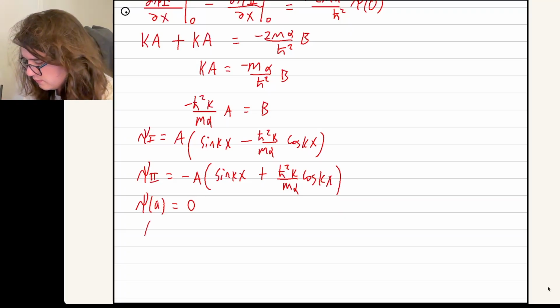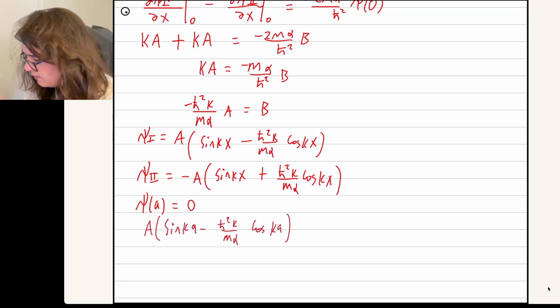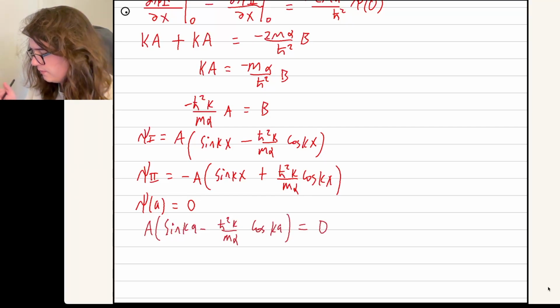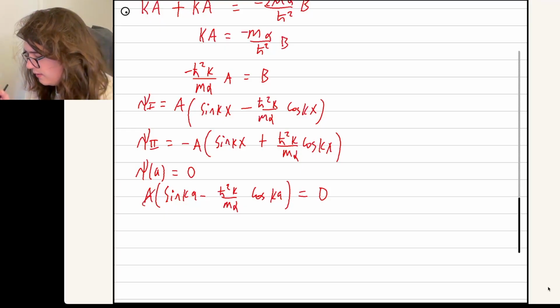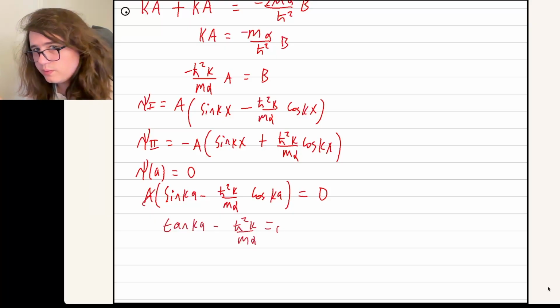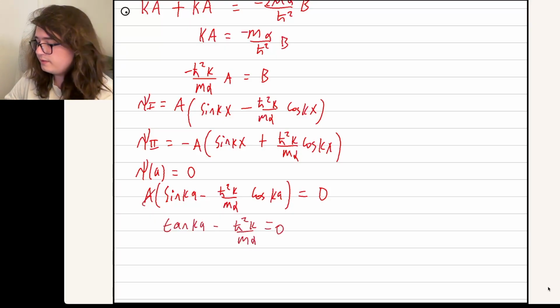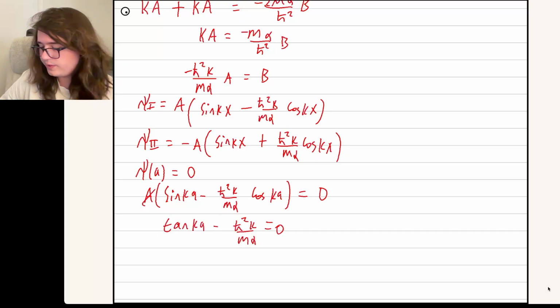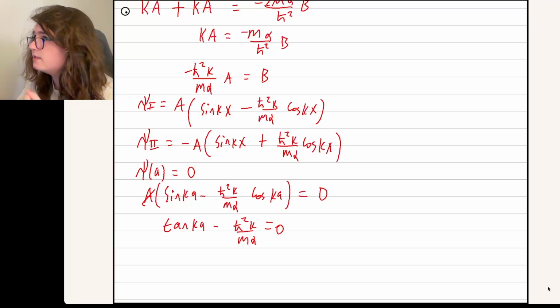So we have a sine ka minus h bar squared k over m alpha cosine ka equals 0. We let the a cancel out, and we divide everything by cosine ka. So we have tangent ka minus h bar squared k over m alpha equals 0. This is a transcendental equation, so we're going to switch to a Desmos screen to figure out the solution for ka.